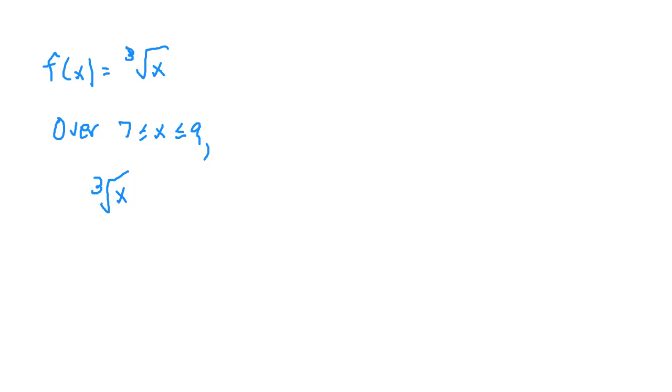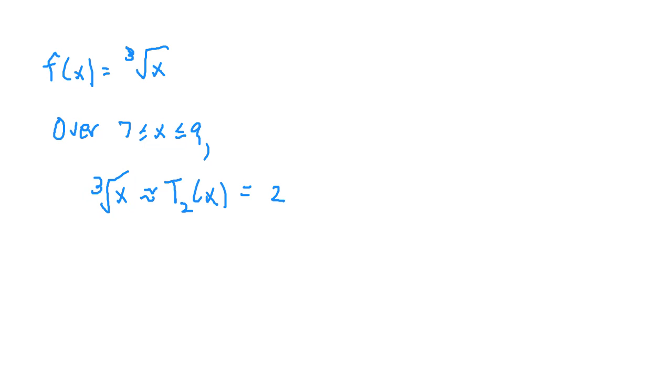Okay, so T sub 2, the second degree Taylor polynomial. Our function was the cube root of x, and over the interval from 7 to 9, the cube root of x was approximately equal to the second degree Taylor polynomial.